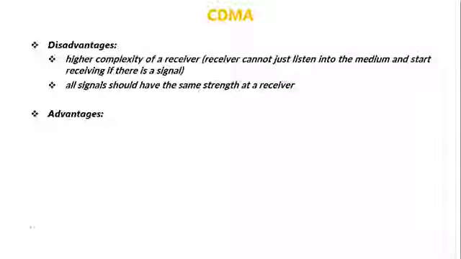Also the signal should be received by the receiver with good strength. If the strength of the signal is low when it is received, then the receiver cannot decode the signal properly.